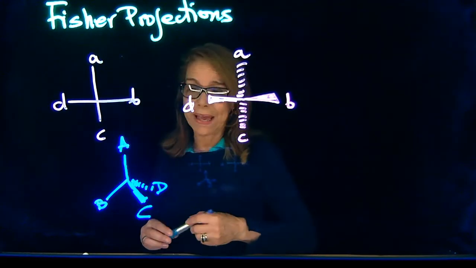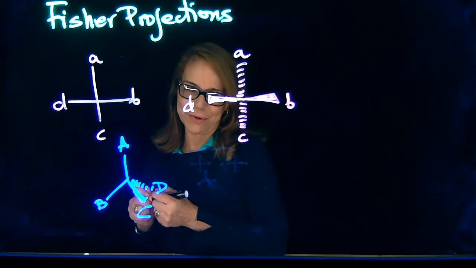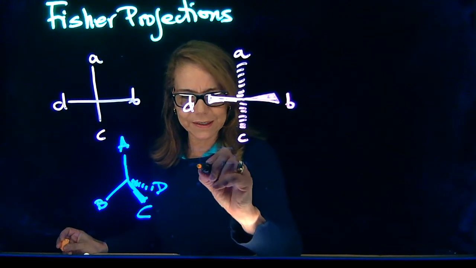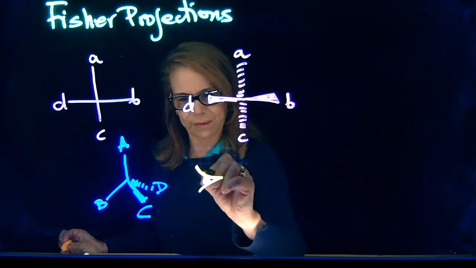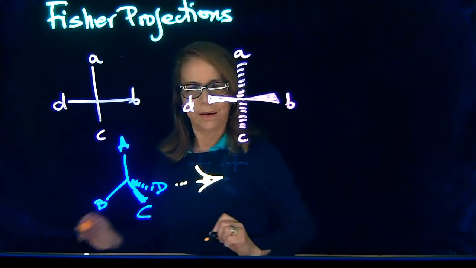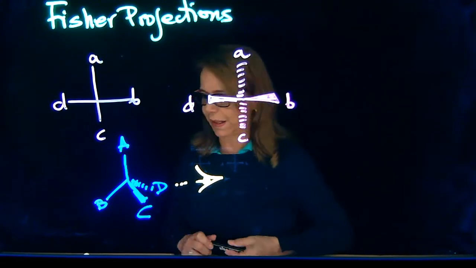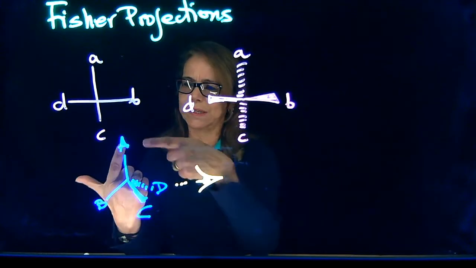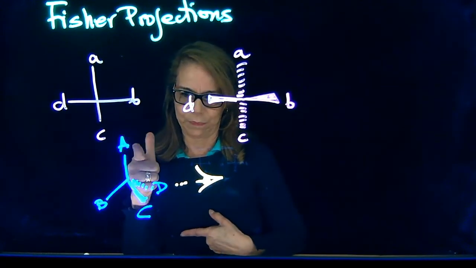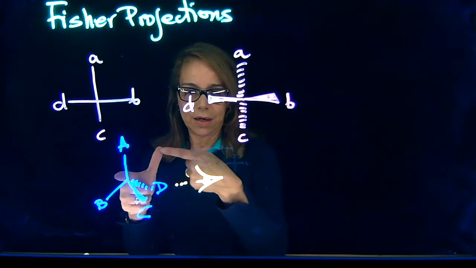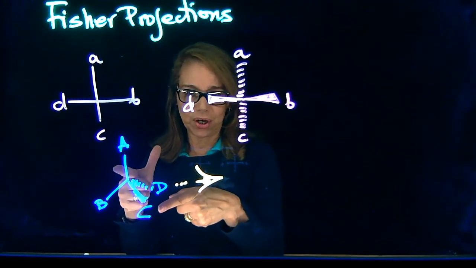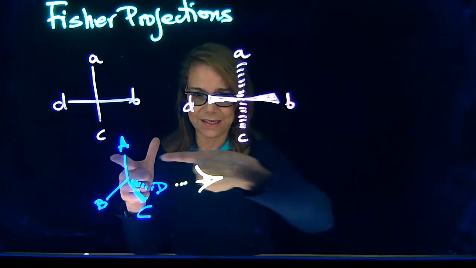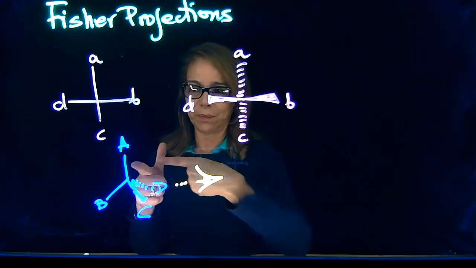Now let's imagine that I'm going to put a little face here, and this is my eye, right? And I am looking at the molecule from that perspective. So if I'm looking from that point of view, I see A and B are in the plane. But now I have going out, in the wedge, C and D. So this is my view, right?